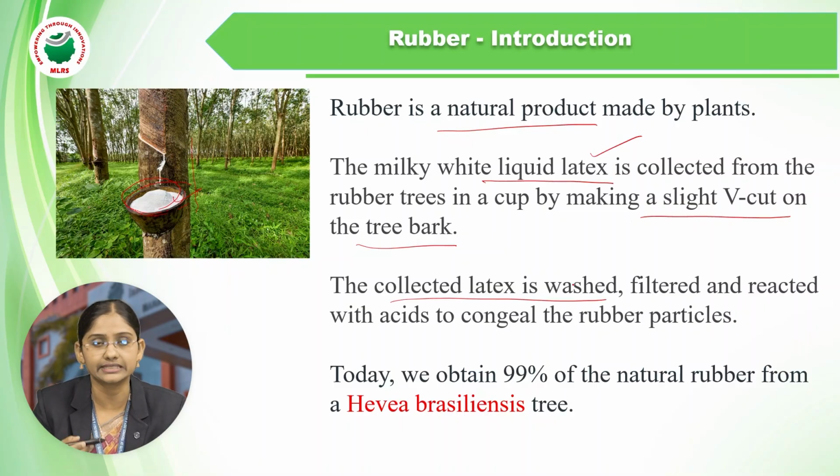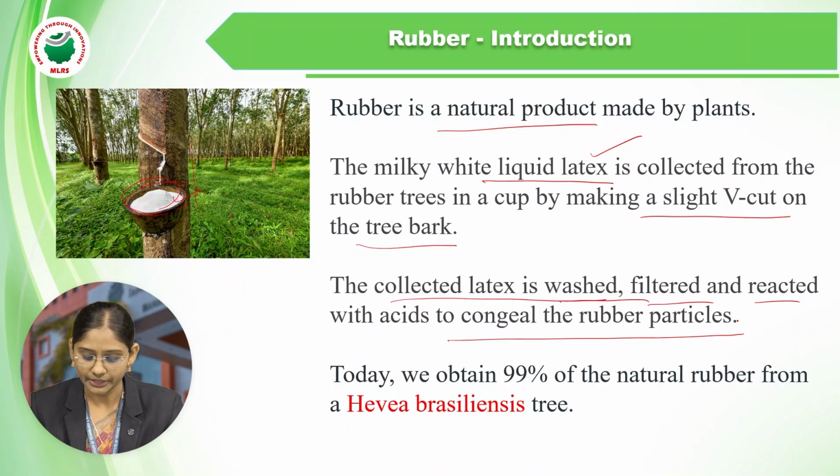After collecting this latex, it is washed, filtered, and reacted with a few acids to coagulate the rubber particles. That means the liquid is converted into a semi-solid. Today we obtain 99% of natural rubber from a tree called Hevea brasiliensis.